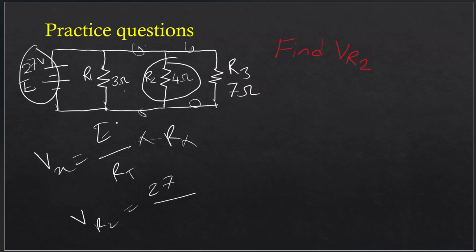Why? Because they are all in parallel connection, and we can only use the total resistance of the series connected resistors. Now there are no series resistors here, so for VR2 we can only use the resistance of R2 as total resistance, right? So 4 ohms times R2, so again 4 ohms. So we can easily see that 4 is cancelled, and VR2 will be 27 volts.